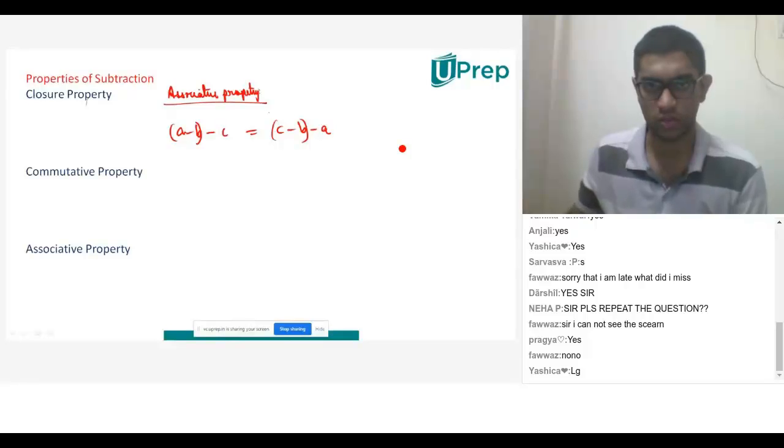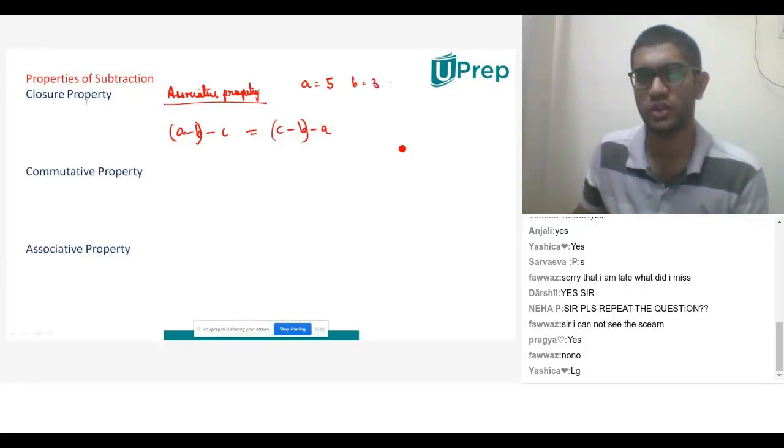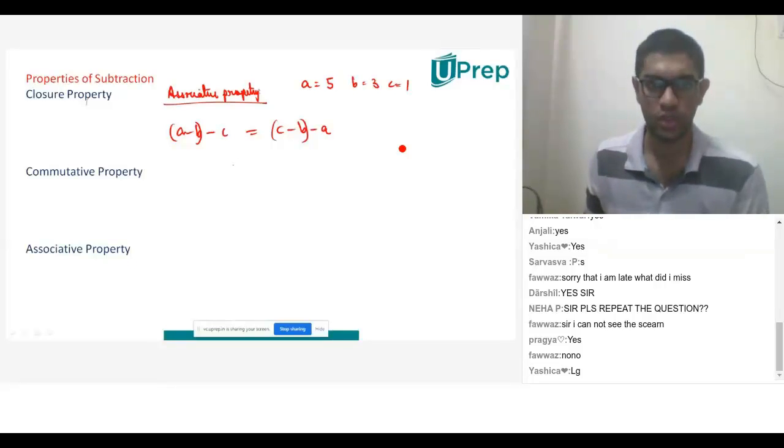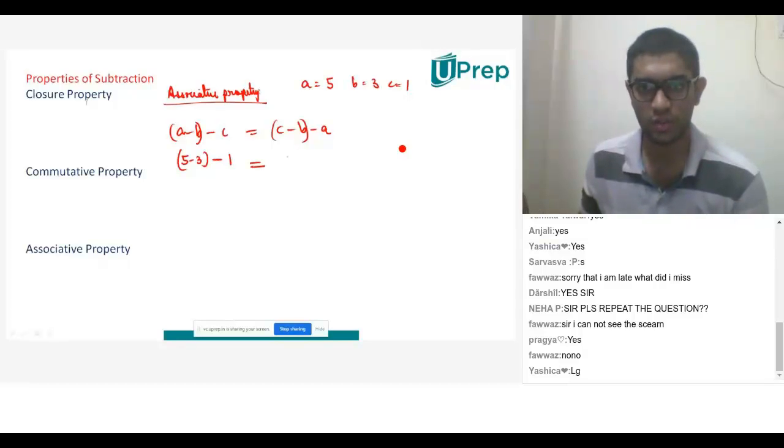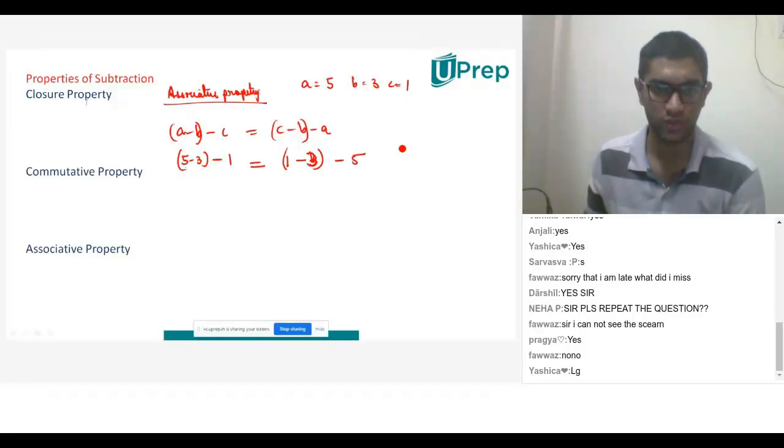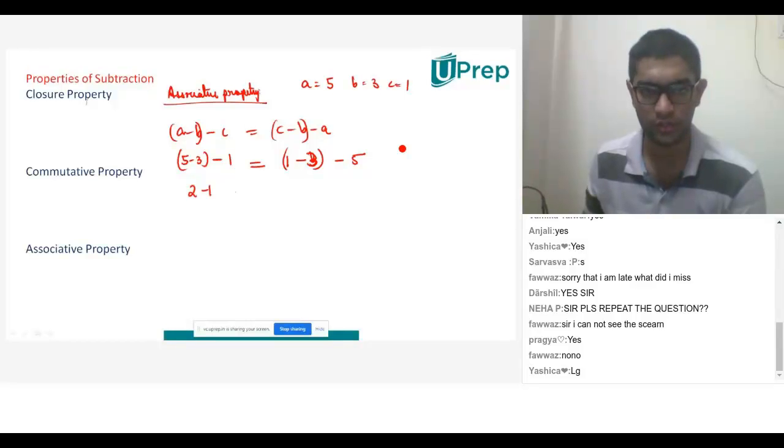Okay. So now let's take A is equal to 5, B is equal to 3, C equal to 1. Random values. What is A minus B minus C? 5 minus 3 minus 1. What is C? 1. What is B? 3 minus 5. What is 5 minus 3? 2. 2 minus 1 is 1.